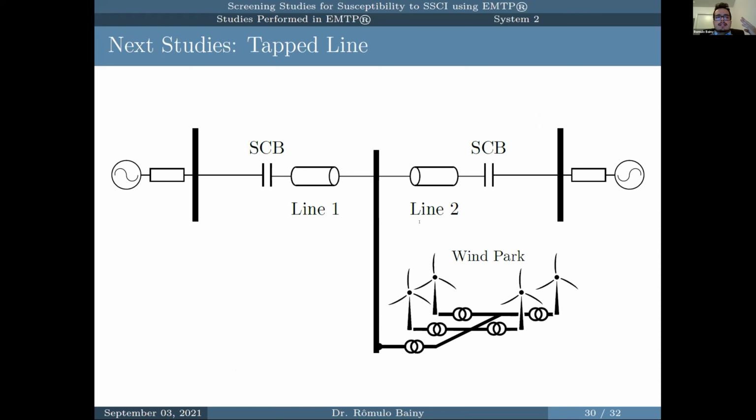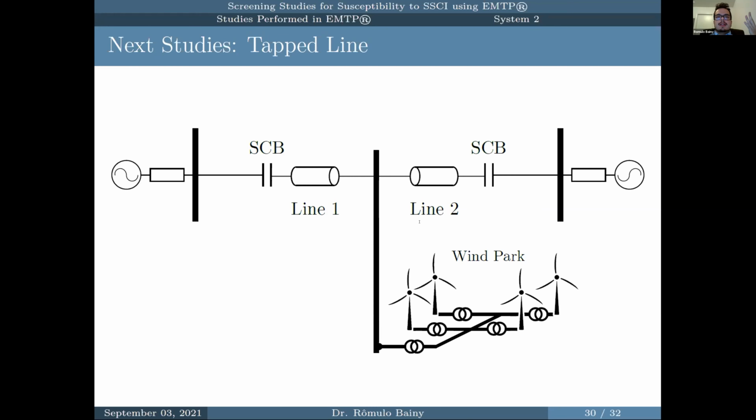So other studies that we are still performing, just something to bring up: we are working with the GA18 working group of IEEE with the PSRC.